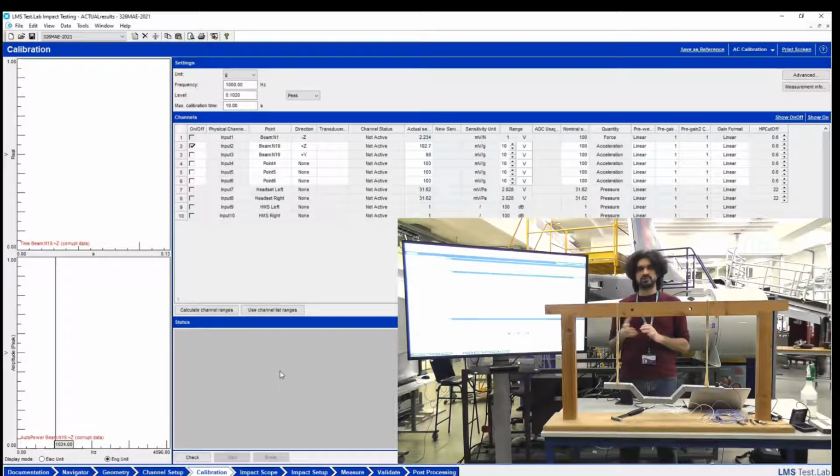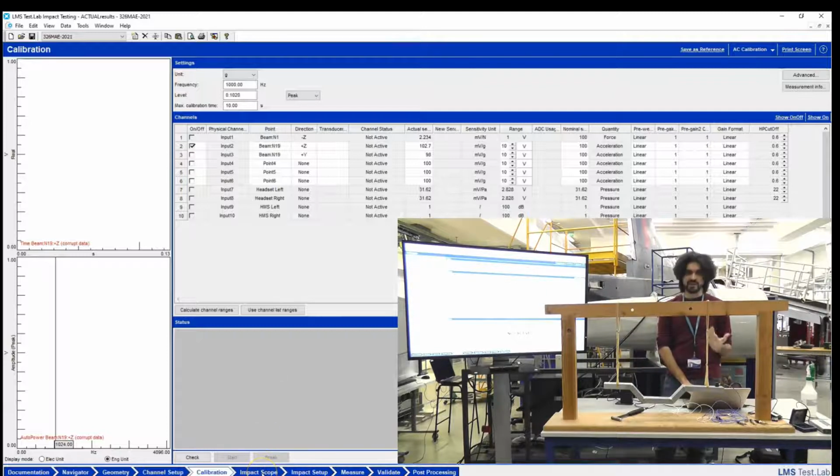Of course, this also means that you take full responsibility for your measurements, because every time you recalibrate something, you must also sign a calibration certificate that says this is now the sensitivity of this channel of this accelerometer. And that's under your own responsibility, also legal responsibility.